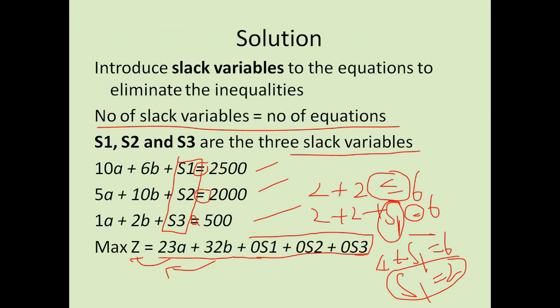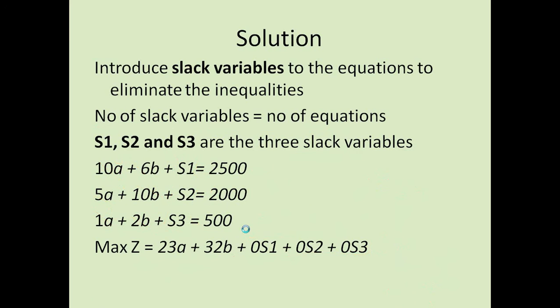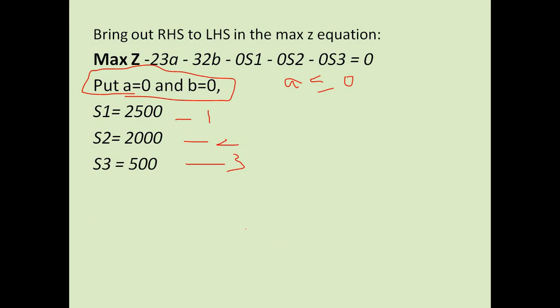Let me just make you refer to this. I'm going to put a equals 0, b equals 0, so everything cancels out, and s1 equals 2500, s2 equals 2000, and s3, when put a equals 0, b equals 0, becomes 500. Okay, let me just move on to the next slide.